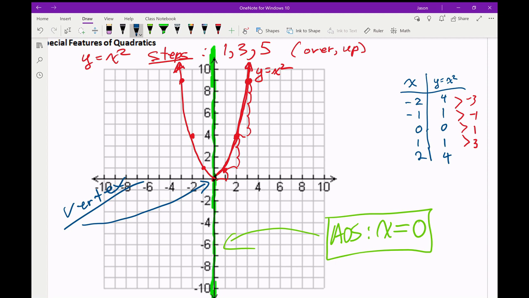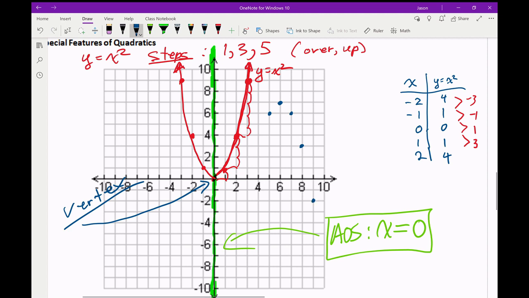But let's say that I had a graph that looked like this. Let's say my parabola was at 6, 8. Okay? And it went down, down 1, over 1, down 3, and then over 1, down 5.